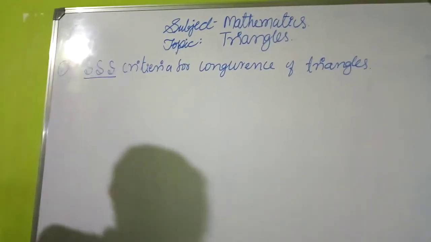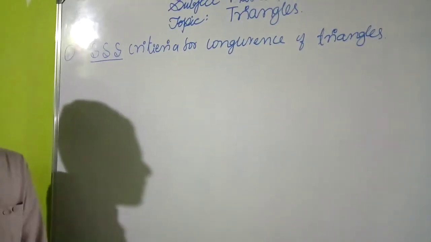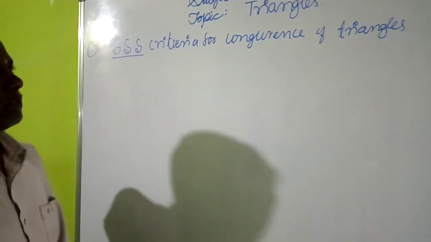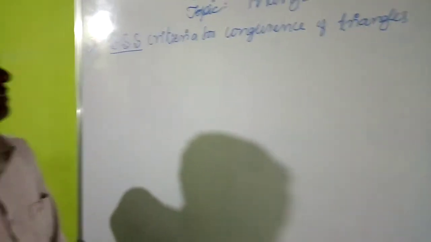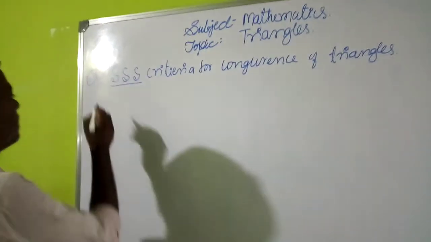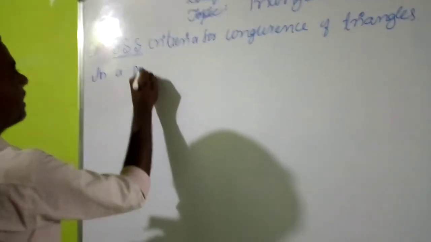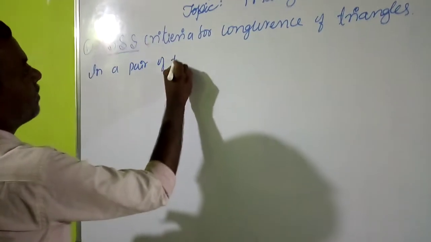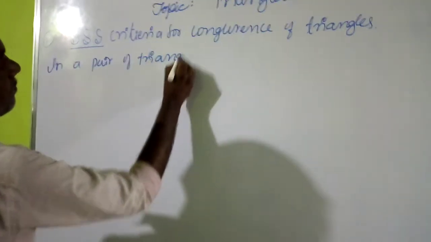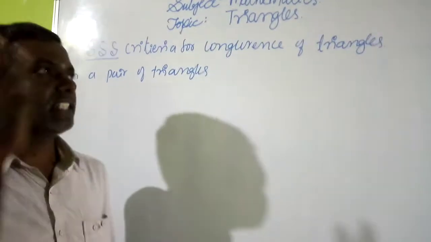Okay students, so this is SSS. S means side. If you want to prove the congruence of triangles, we need two triangles. Is it clear? Two triangles. While comparing the two triangles, in a pair of triangles, three sides. A triangle has how many sides? Three sides, dear students.